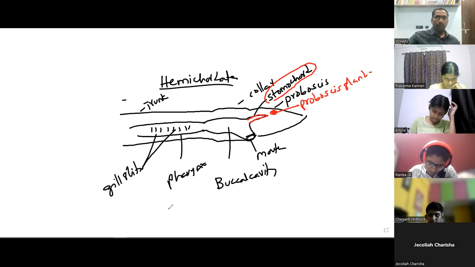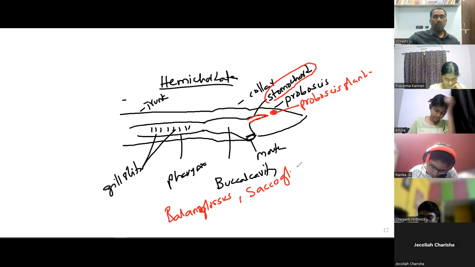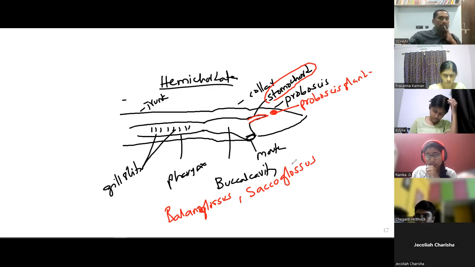Example, Balanoglossus and Saccoglossus. This is about Hemichordata.